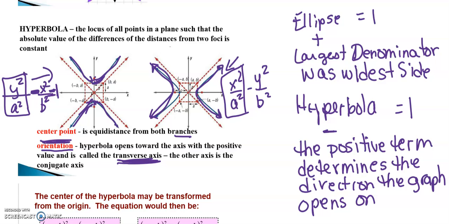The main one they're talking about is the transverse axis, the one which the hyperbola opens along. And that transverse axis is a line that goes through the vertices. You're going to probably name that x equals 0. This would be y equals 0. Whatever goes through the center, that's going to be your transverse axis. All right.